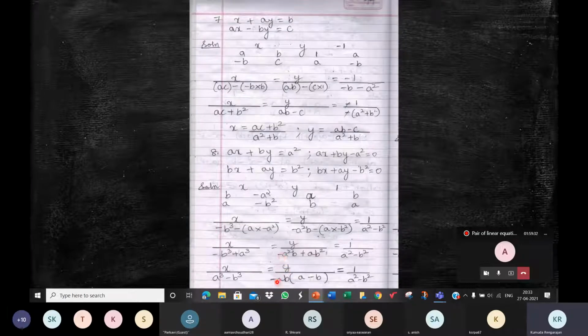You will get, see here children, if you didn't take out this minus, you would get minus a, and then here minus into minus, plus b. So tell me here children, if you didn't take out the minus, what will you get here as the first term?